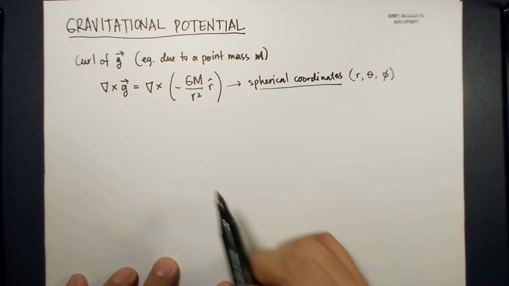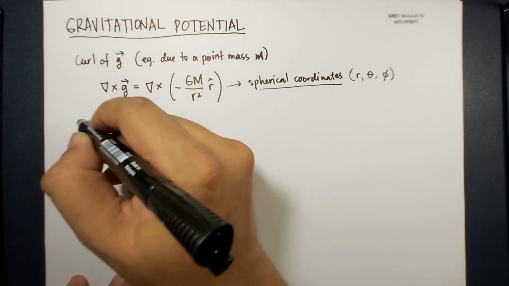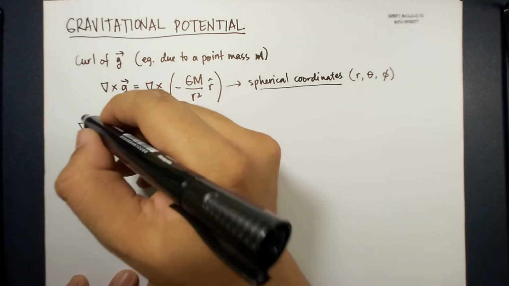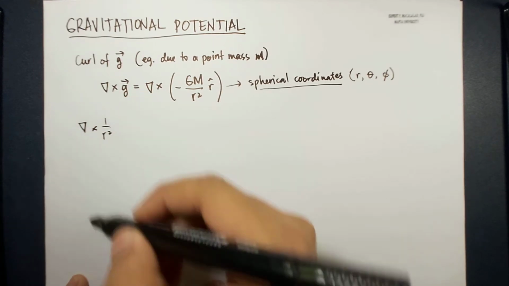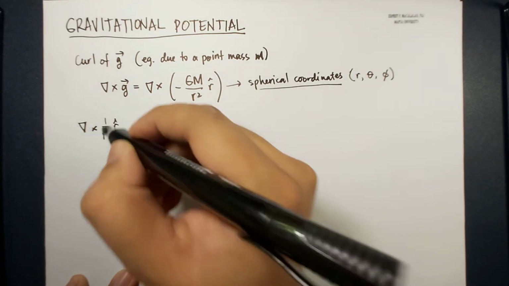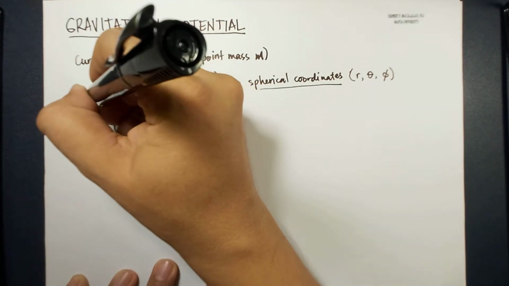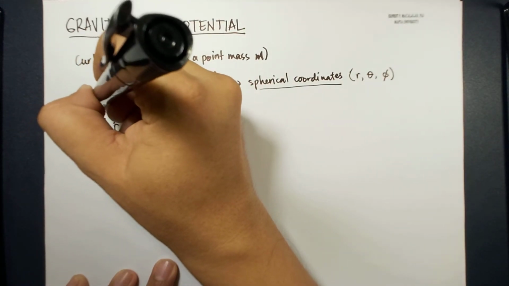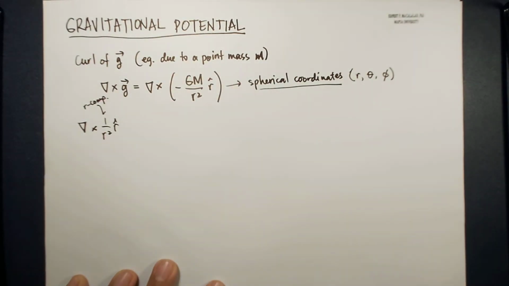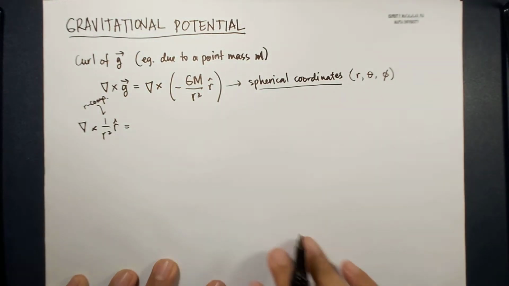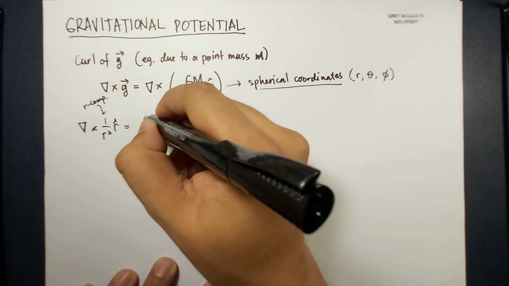As you will notice, we're actually getting the curl of an inverse square law, that's 1 over r squared r hat. In this case, our vector is in terms of our r component, and the curl of this is calculated as follows.